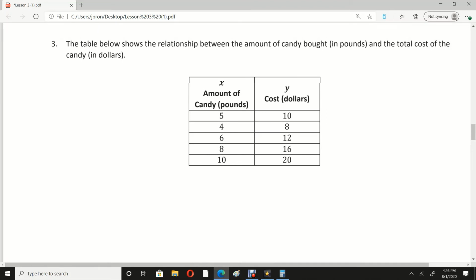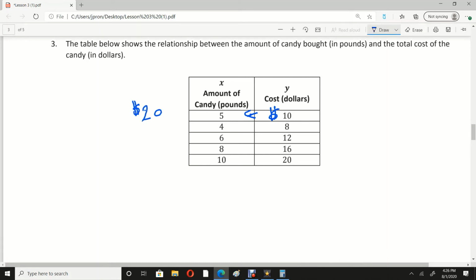If I pay $10 for 5 pounds of candy, that means each pound of candy is going to cost me $2 per pound, right? So does this follow? Does it cost me $2 per pound each time?